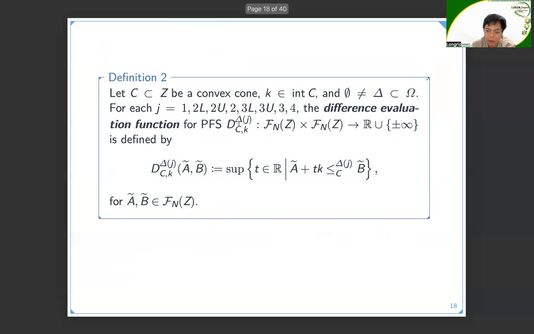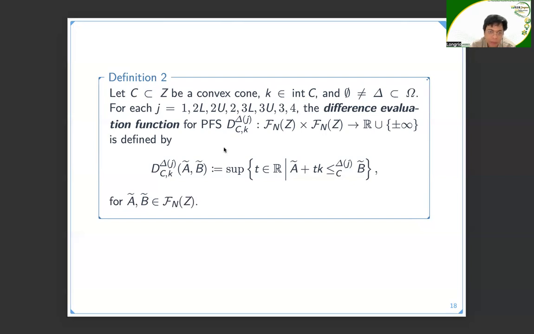And as a measure to determine how different those Pythagorean fuzzy sets are, we have this difference evaluation function, which is a mapping from this to the extended real numbers and given by the supremum of such t satisfying this one.